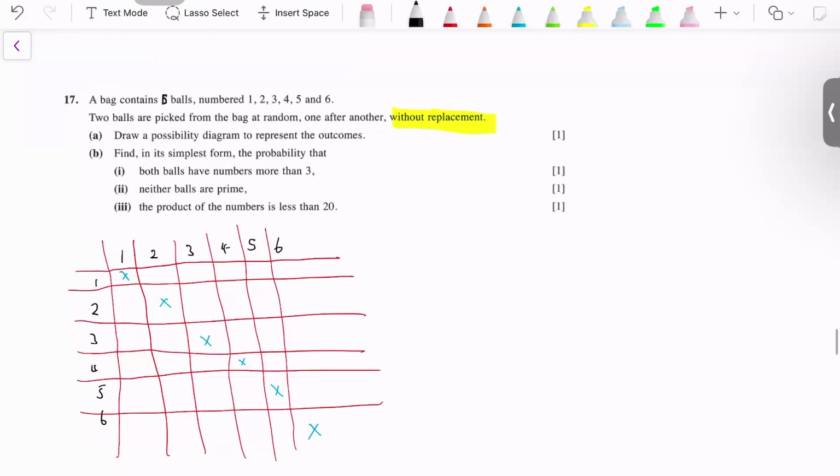Okay. So in this case, if the first number drawn is 2, which is a 1 out of 6 possibility, and the second number drawn is 1, which is a 1/5 possibility.